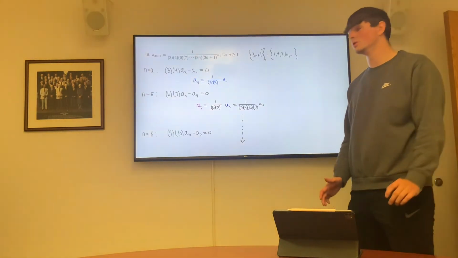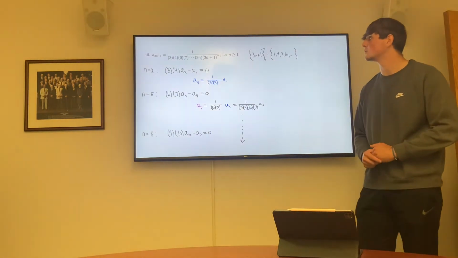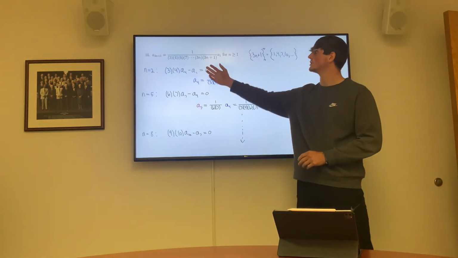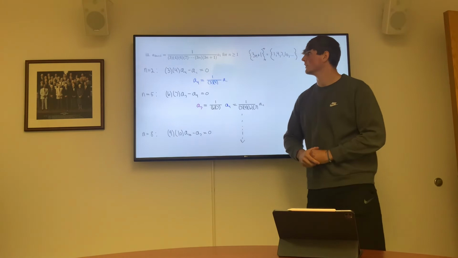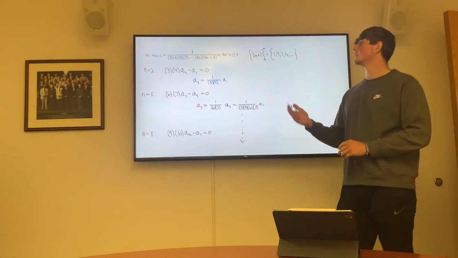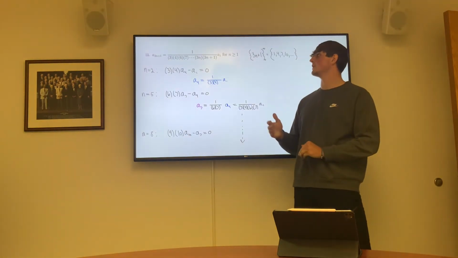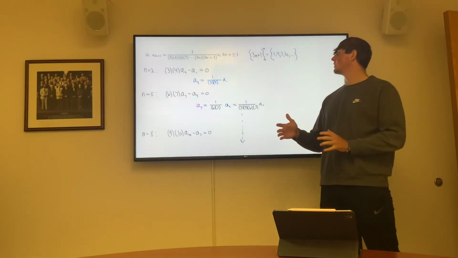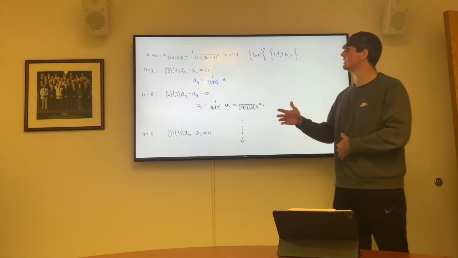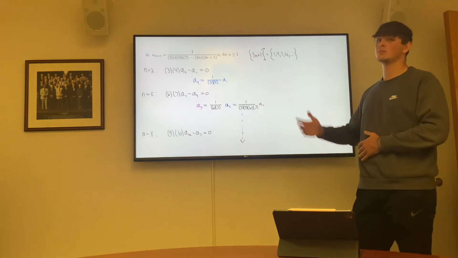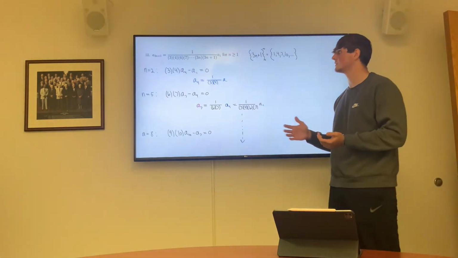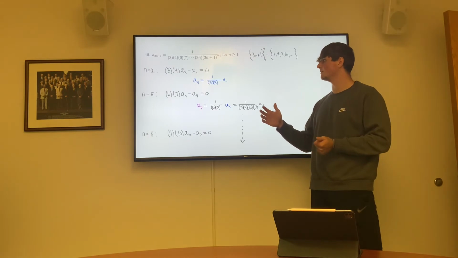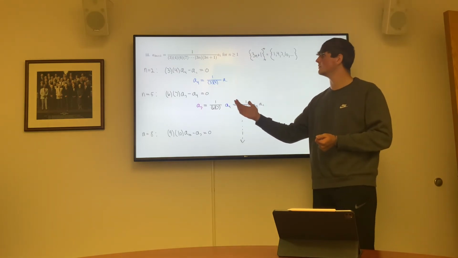Next, we want to prove that a3n plus 1 is equal to this fraction, a1 over 3 times 4 times 6, so on and so forth, times 3n times 3n plus 1. First, we're going to want to look at the sequence 3n plus 1 to find some values of our terms of a that we're going to be looking at here.